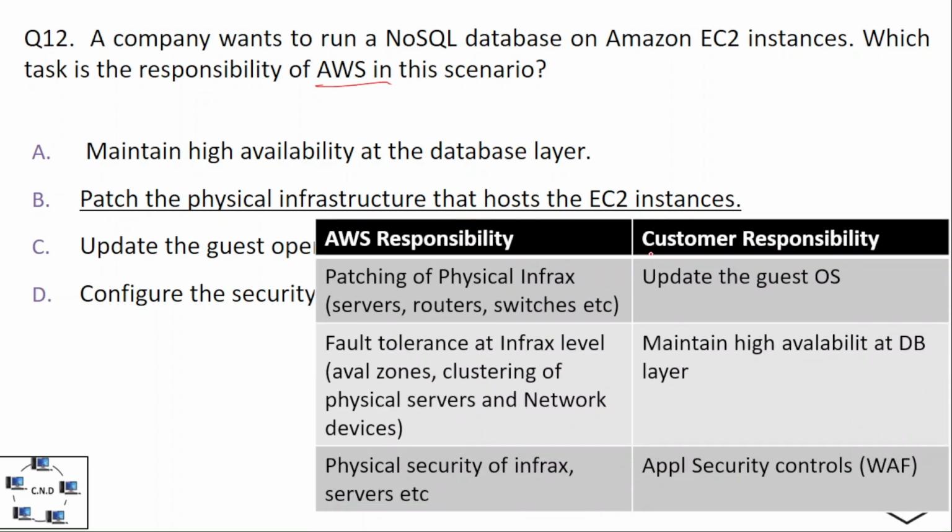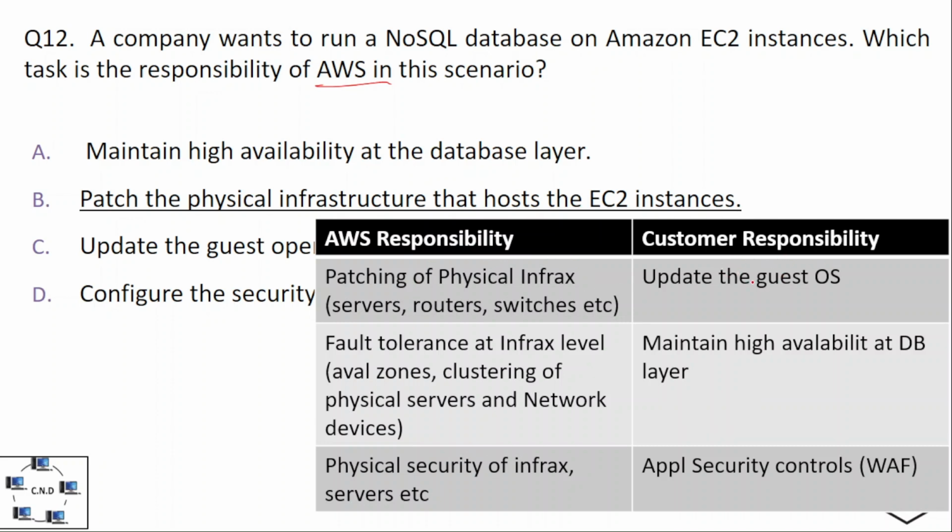So let me display the responsibility matrix. Here we can see that these are the responsibilities of AWS, while these are customer responsibility, and patching of the physical infrastructure such as servers, routers and switches is the responsibility of AWS. Similarly, the configuration of fault tolerance at infrastructure level, such as availability zones, data centers, clustering of physical servers and network devices, and the physical security of infrastructure, servers, etc. is the responsibility of AWS.